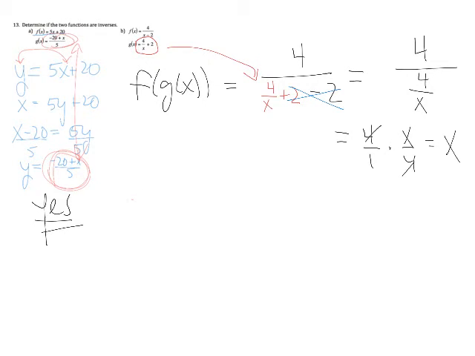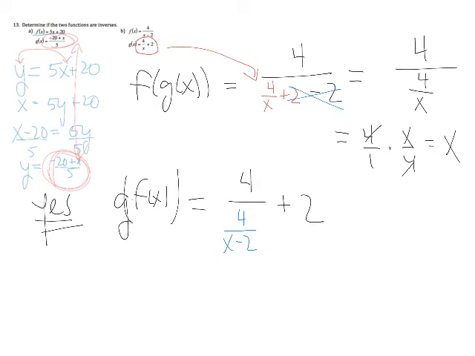So because you got an x for f of g of x, you then have to go back and do your g of f of x composition. So you do the same thing, and you basically are now going to take the f function and plug it in for g. So g is 4 over something plus 2. Well, you're going to change that something to 4 over x minus 2, right?